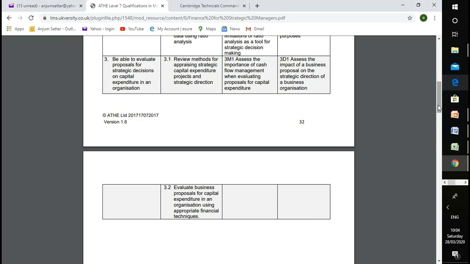So evaluate the business proposal. We'll go through different proposals. We can pick any proposal and evaluate it, like the lot of discussion about HS2, HS3. Different people evaluate it; initially it was 56 billion or something like that, and now it's 105 billion. So it's a huge increase.